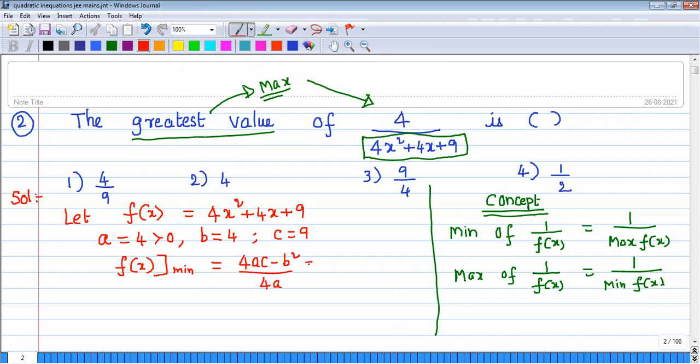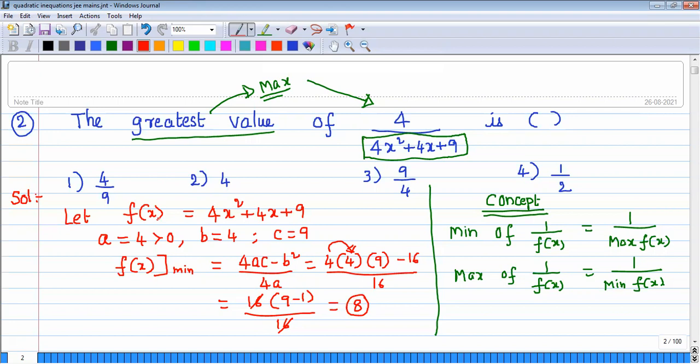So let us substitute respective values. 4 times a means 4, c means 9, minus b square, 4 square is 16, upon 4 into 4, 16. You can take 16 common out, because 4 into 4 is 16. We have 9 minus 1 upon 16. 16 will cancel. 9 minus 1 is 8.